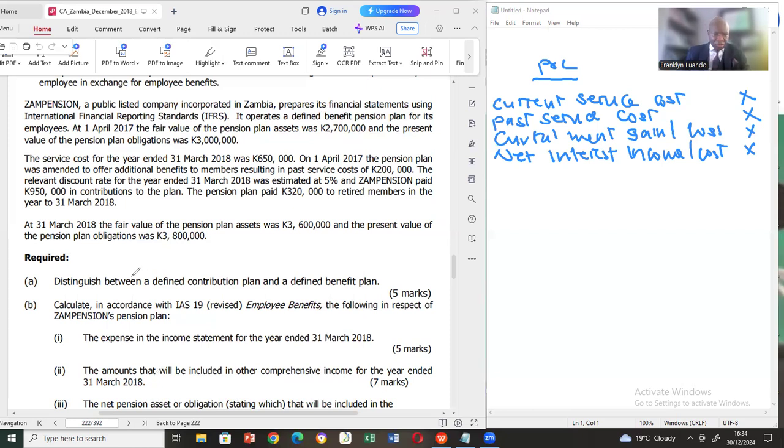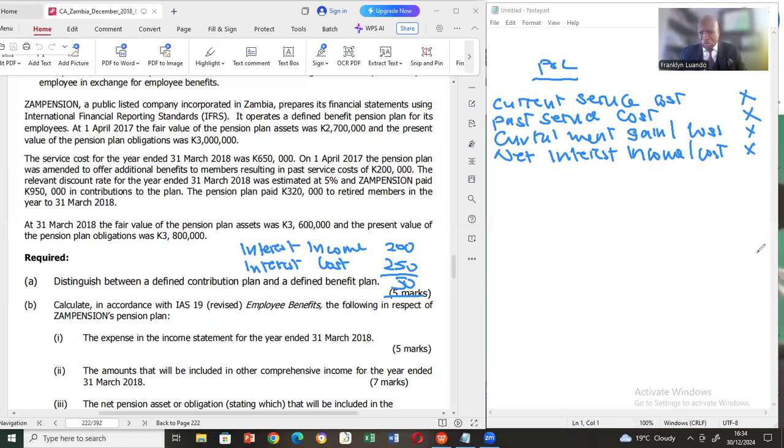For example, if the interest income is 200, and the interest cost is 250, this will be a net interest cost of 50.